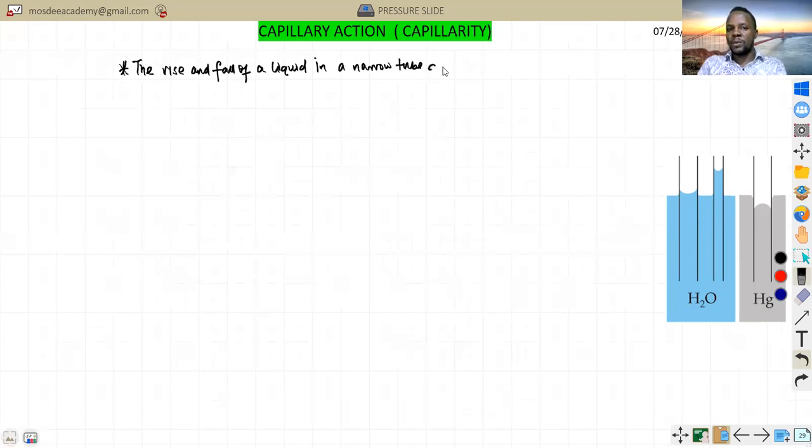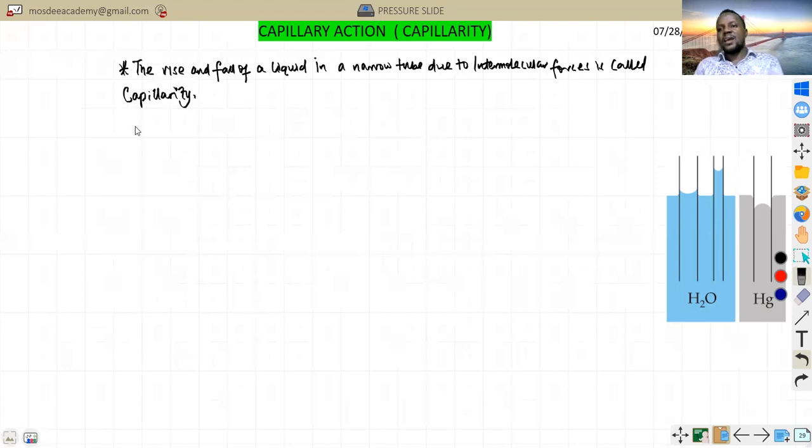Due to intermolecular forces, this is called capillarity, or capillary action. Capillarity. As we have studied, so far so good.